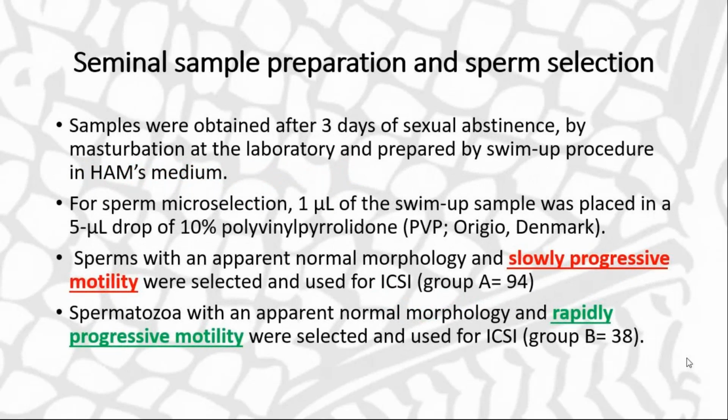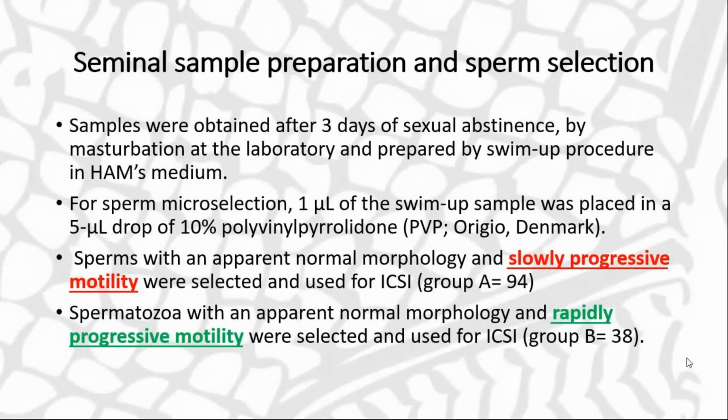Thank you. We took the semen samples after 3 days of abstinence using the method of masturbation at the lab. Then we used the swim up procedure for semen wash. For semen micro selection, we used 1 microliter of this swim up sample in a PVP media.